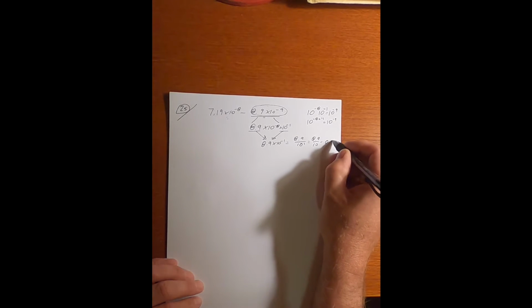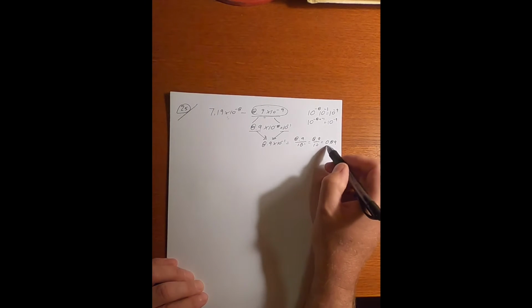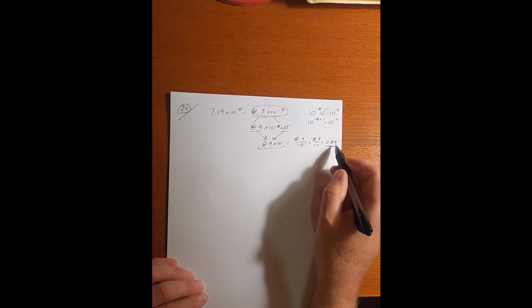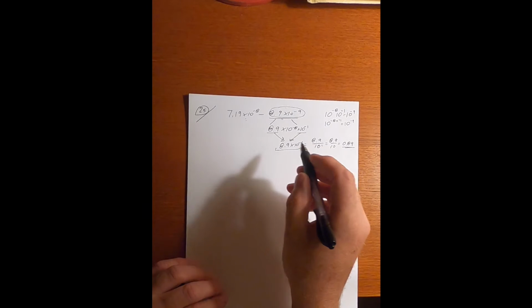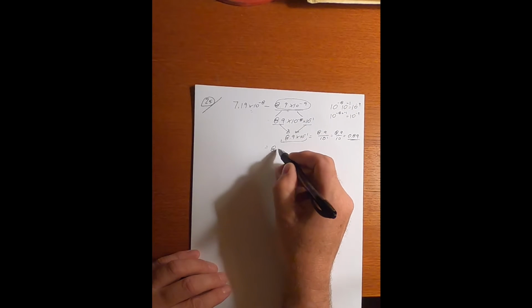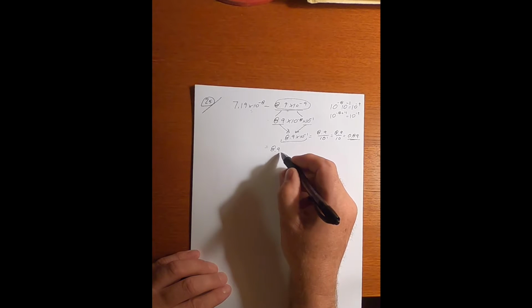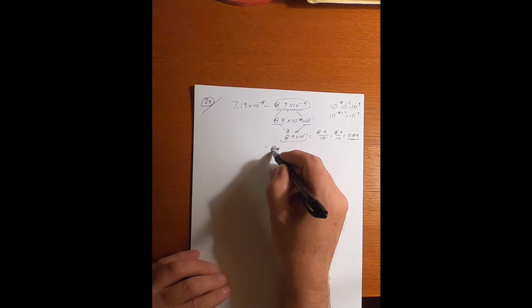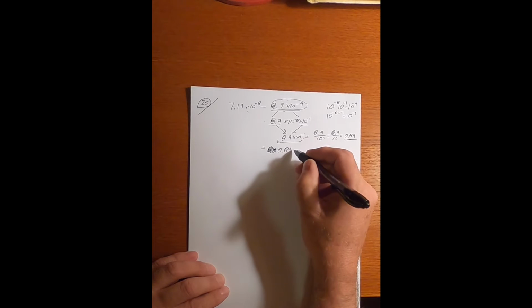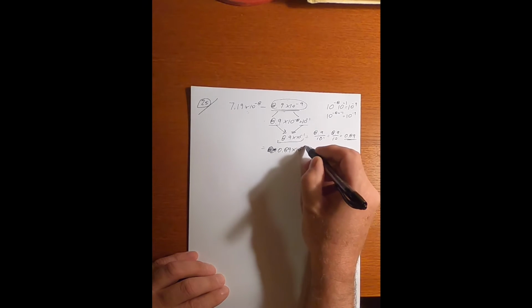So it's 0.89. That's the effect of these two. So this becomes 0.89 times 10 to the minus 8.